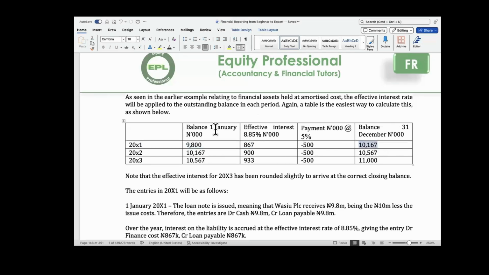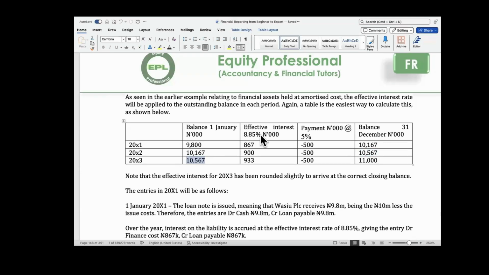So we carry this to the next year. You apply the interest, the 8.85%, on the 10,167. That gives 900. Our fixed interest remains 500. So by the time you do 10,167 plus 900 minus 500, we get 10,567, which we are carrying to the next year again.